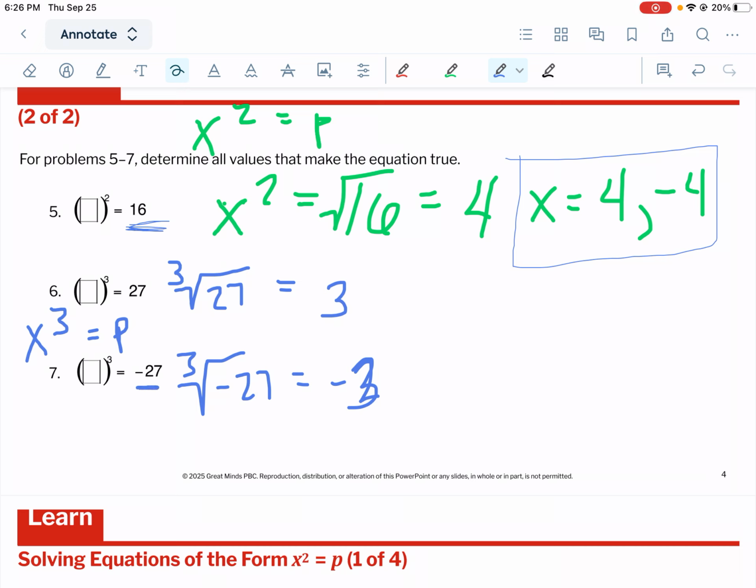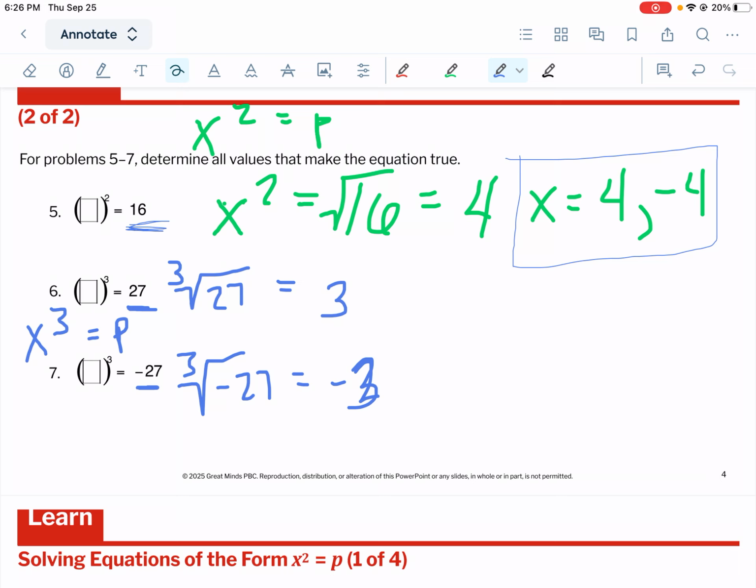For this negative value, our answer will be negative, and for this positive value, our answer will be positive. So it's the same answer, but there's not 2 of them. Negative 3 cubed would not give you positive 27. Positive 3 cubed would not give you negative 27. Cubed values, or perfect cube values, will only have 1 resulting x value when you cube root them.